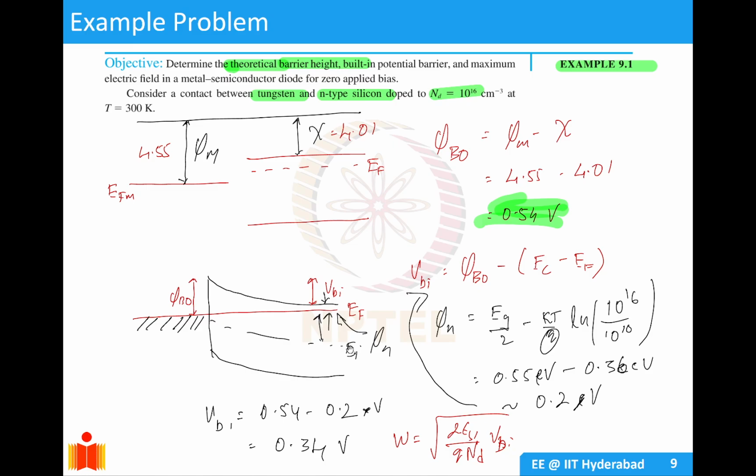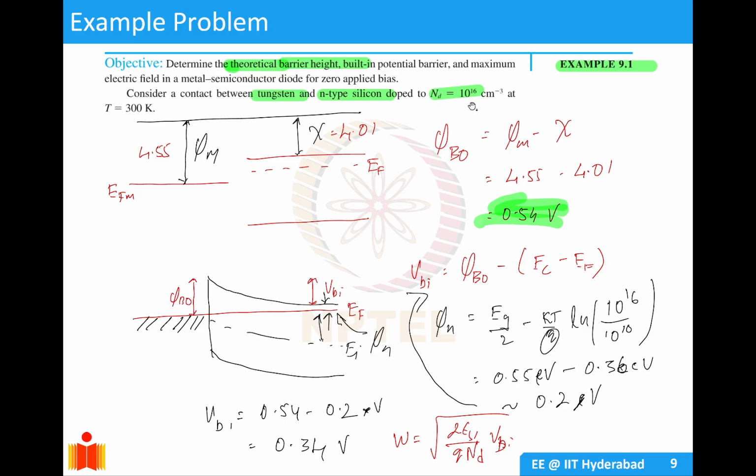We know the formula for calculating EF minus EI, which is kT by q ln ND by ni, and you subtract it from Eg by 2 to calculate EC minus EF. Because EC minus EI is Eg by 2, and you subtract EF minus EI from here, you get EC minus EF. So it becomes Eg by 2 minus kT by q ln.